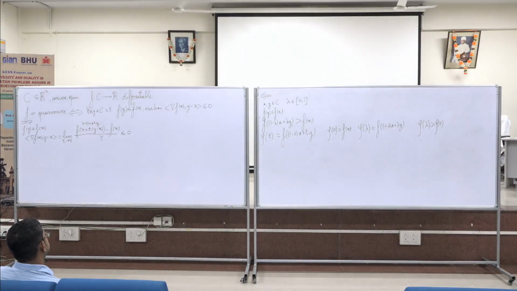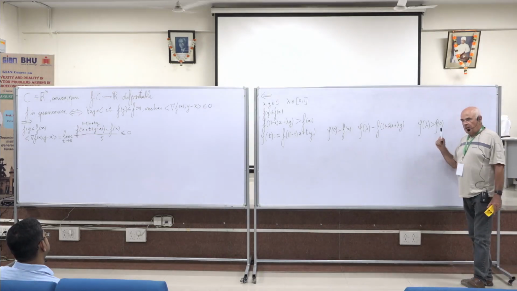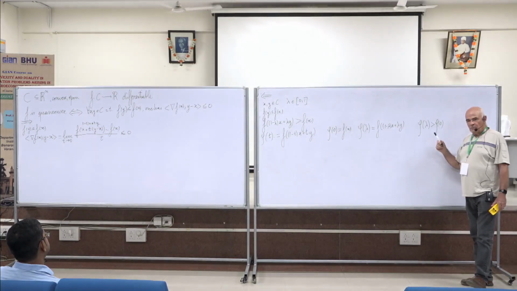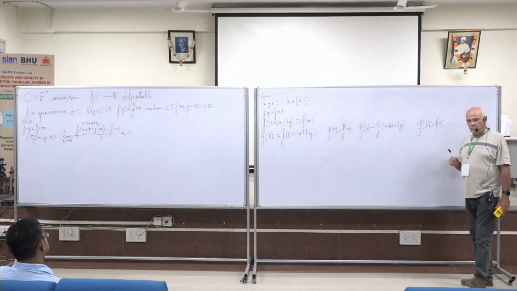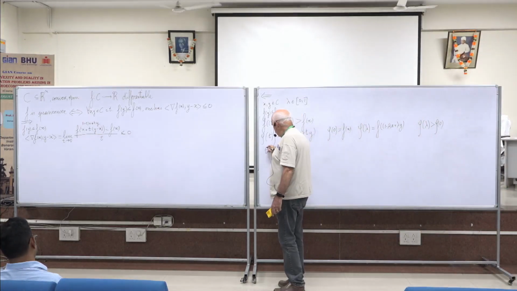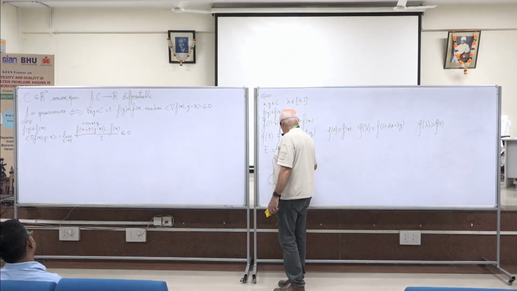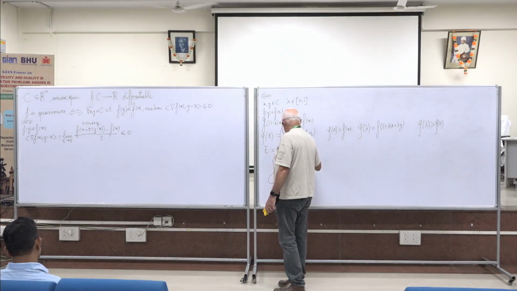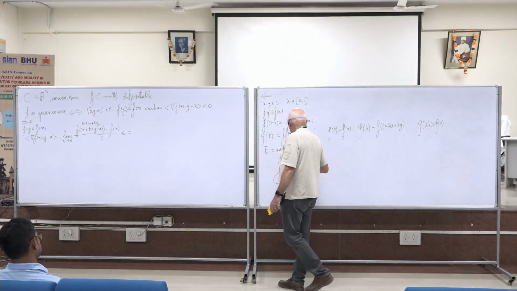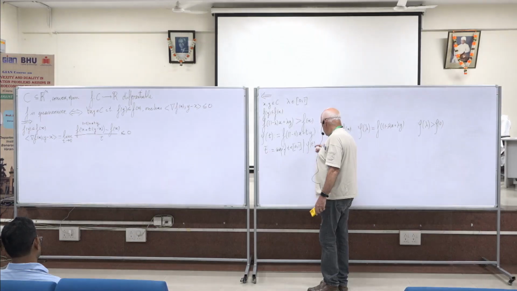Now I'm going to consider the largest value of t for which phi of t is equal to phi of 0. So formally, I define t bar as the supremum of t between 0 and 1 such that phi of t is equal to phi of 0.